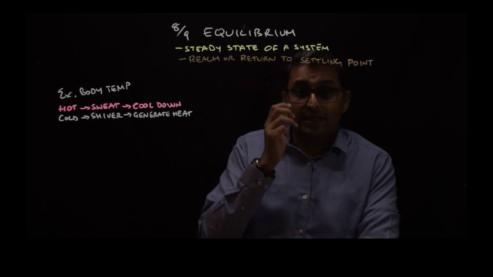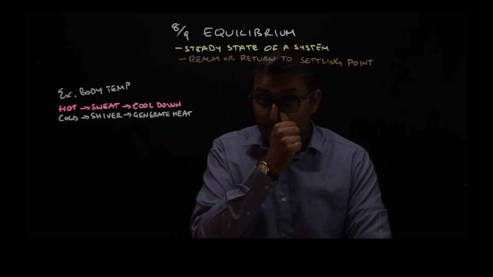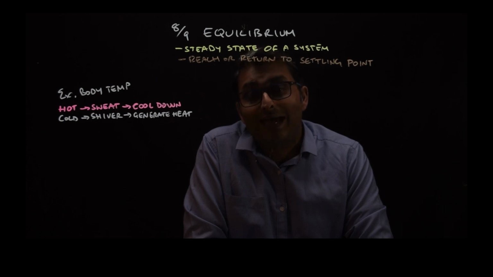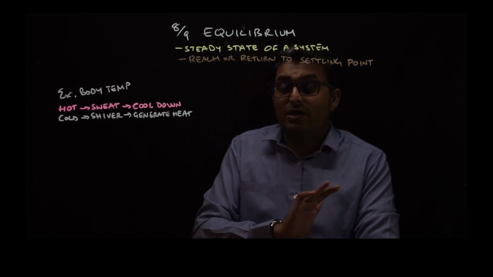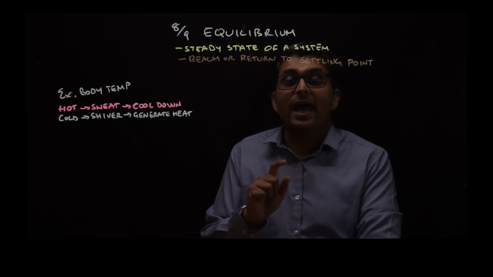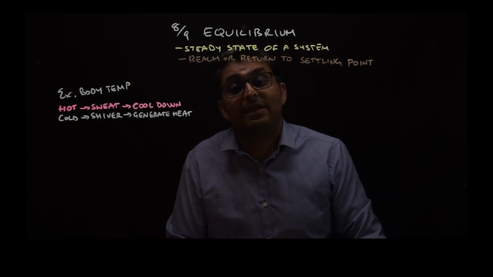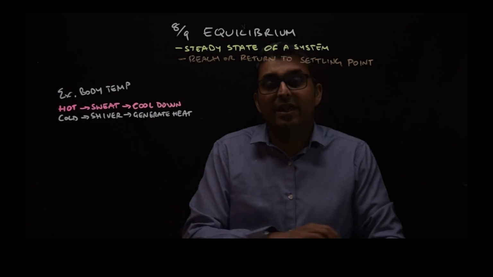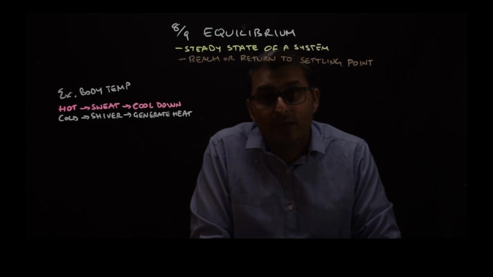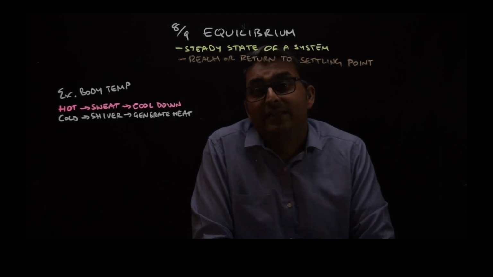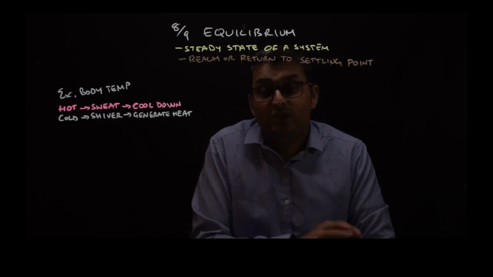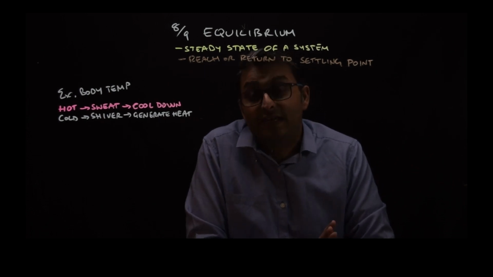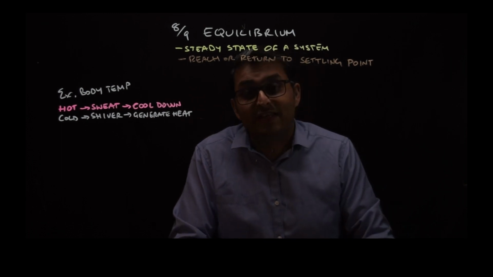Now, I've given the example about body temperature, but let's also look at another example which may, on the face of it, seem not applicable, but it is, and it is also where this mental model applies. Let's say I'm doing some parkour and running on a wall. Let me just add, this is quite a dangerous sport or exercise and it can cause injury, so please don't try this at home.